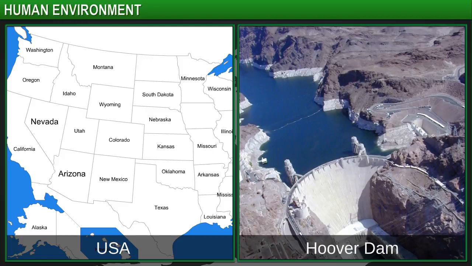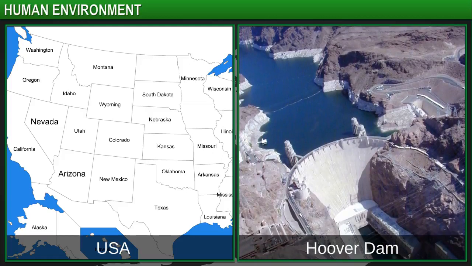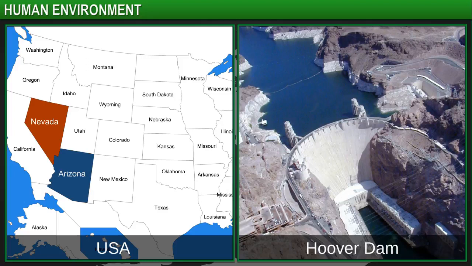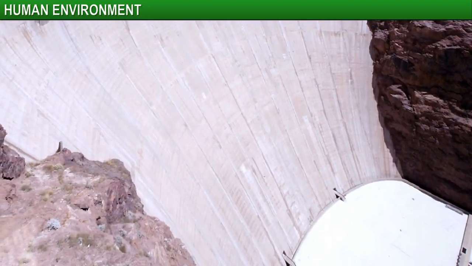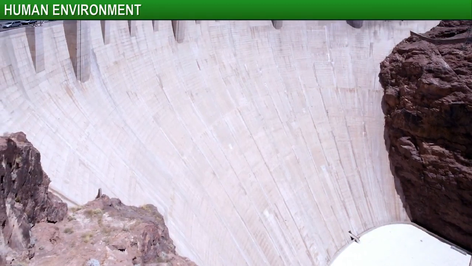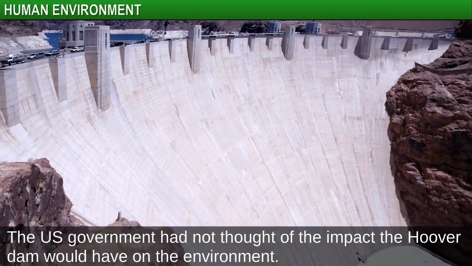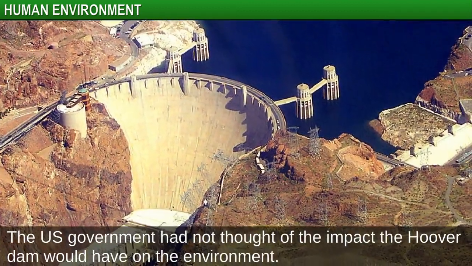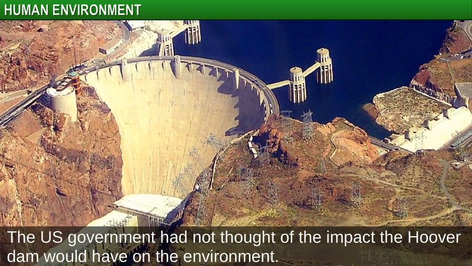This dam was proposed as a solution to the water shortage faced by the states of Arizona and Nevada. Although it solved the problem in the short run for the residents of these two states, the US government had not thought of the impact the dam would have on the environment in the long run.